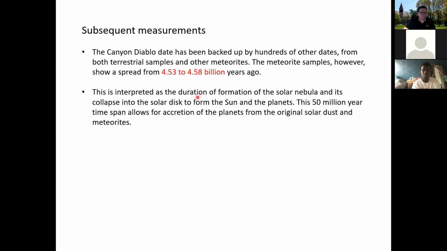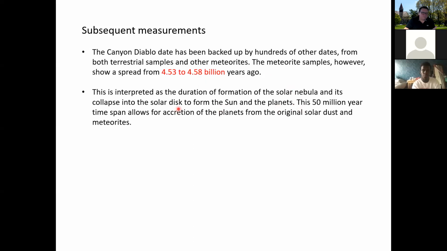This spread in the data is probably not just an analytical error, or at the very least, it's much larger than the analytical errors, and probably gives us some indication of the duration of how long it took for the solar nebula to start to collapse and form the protoplanets, the sun, and actually start to form the individual planets.